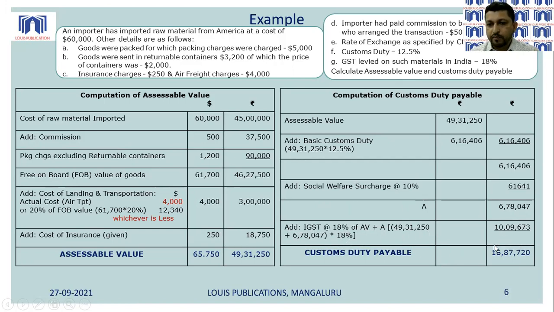On that, at 18%, if we calculate, we get 10,09,673. And the total of A value plus IGST amount will be 16,87,720. That will be the customs duty payable. So you can calculate these values. You will get it very easily.